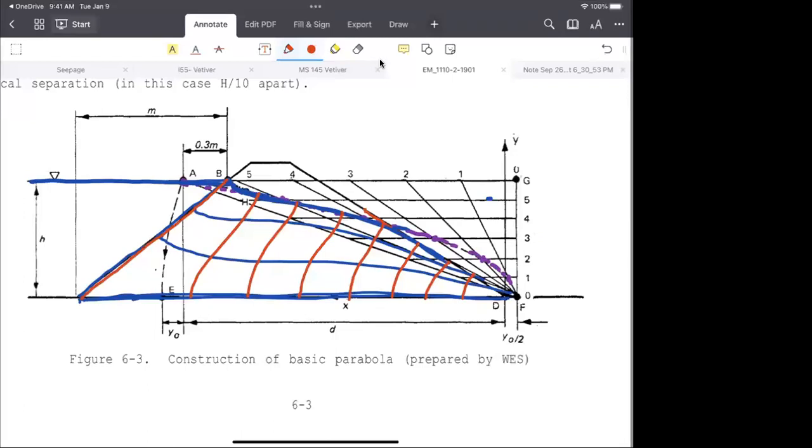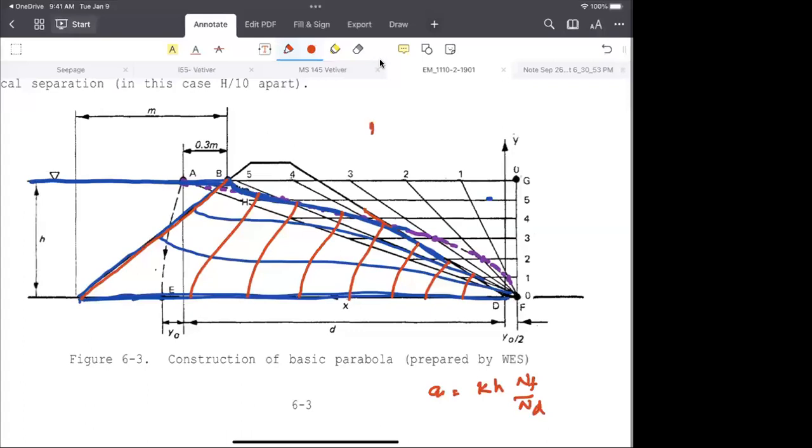So how many equipotential lines? How can we calculate the seepage? Q is equal to K times H times NF divided by ND. What is K? K is given, it's just one layer, right?